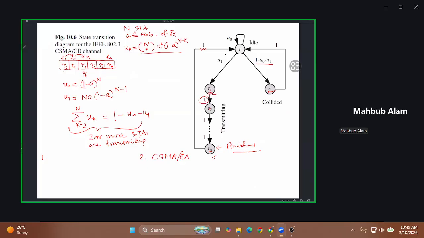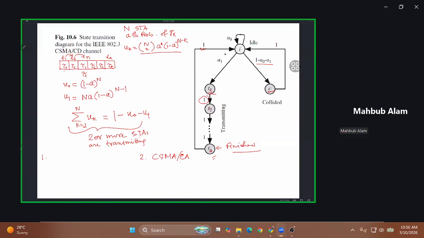In the first case, with probability C, it continues the transmission of the second frame. So from Tn, once again we go to T1, T2 up to Tn, and then with probability 1 it goes to the idle state. Tn to T1 occurs with probability C, and Tn to idle occurs with probability 1 minus C. So this is the case.